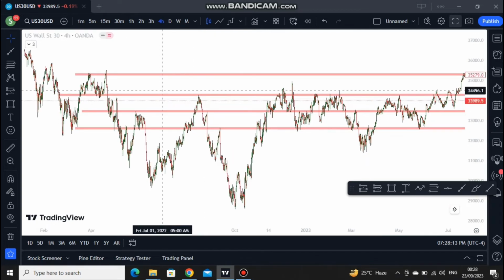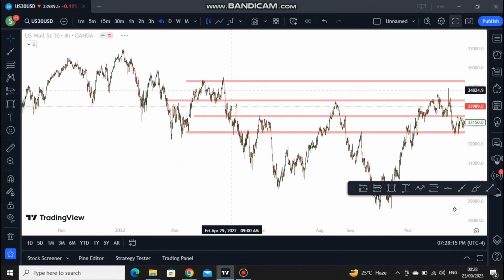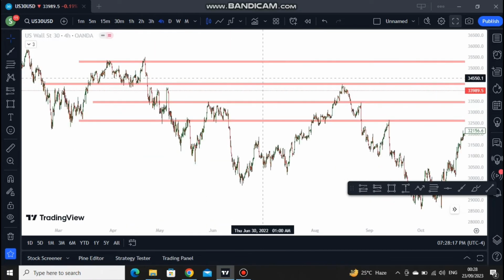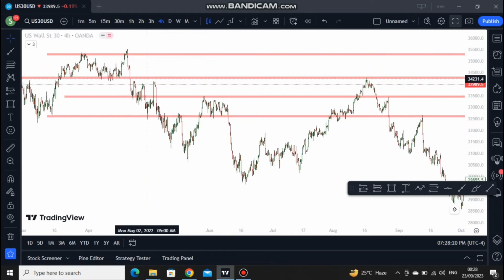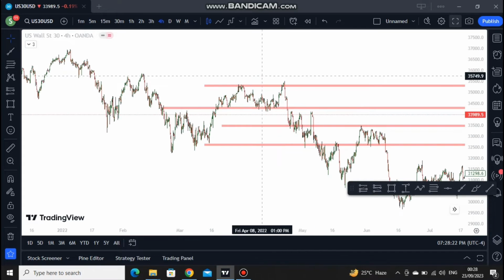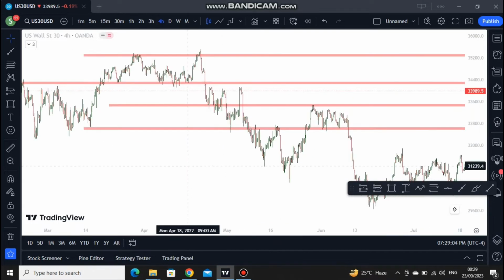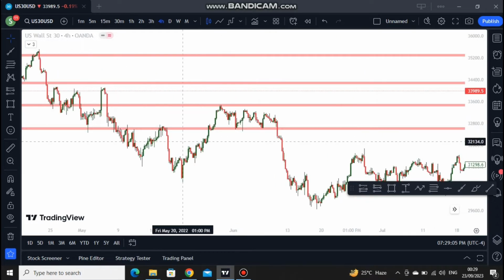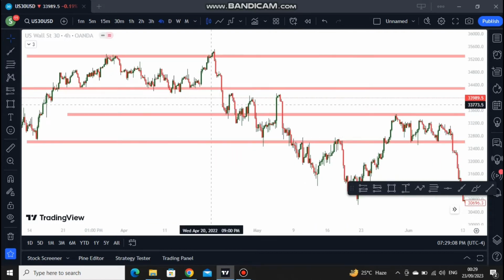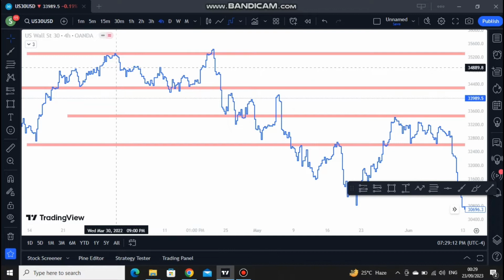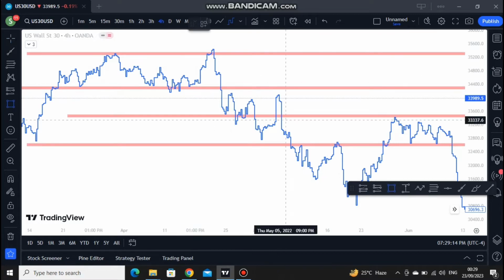So take a look at this level. Taking a look at it, let's go backwards as I said. So around here, is there any minor level here? There is one. Change the color of this box right now.